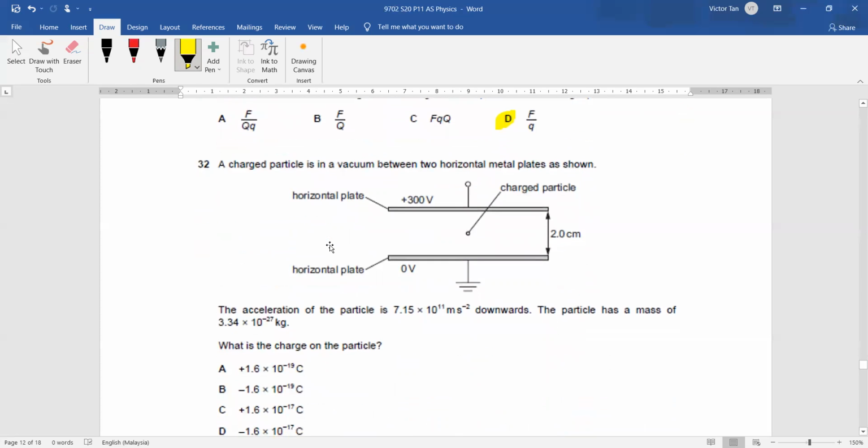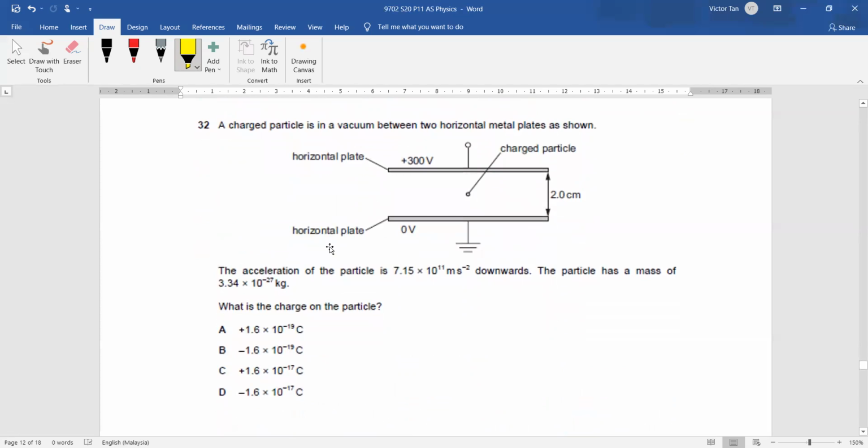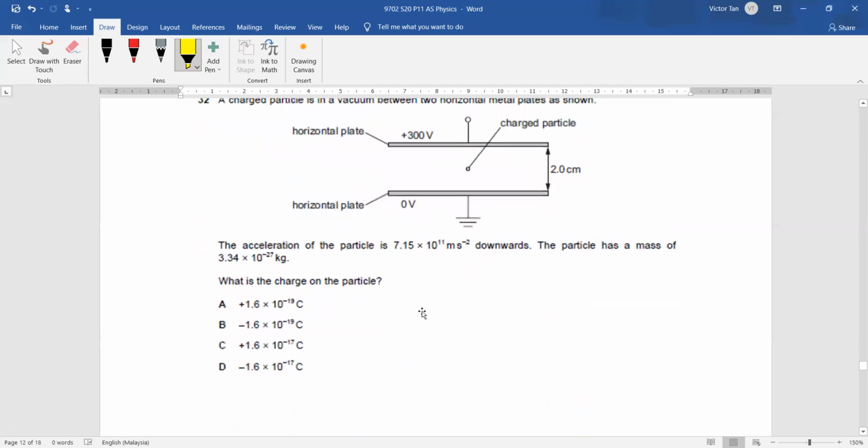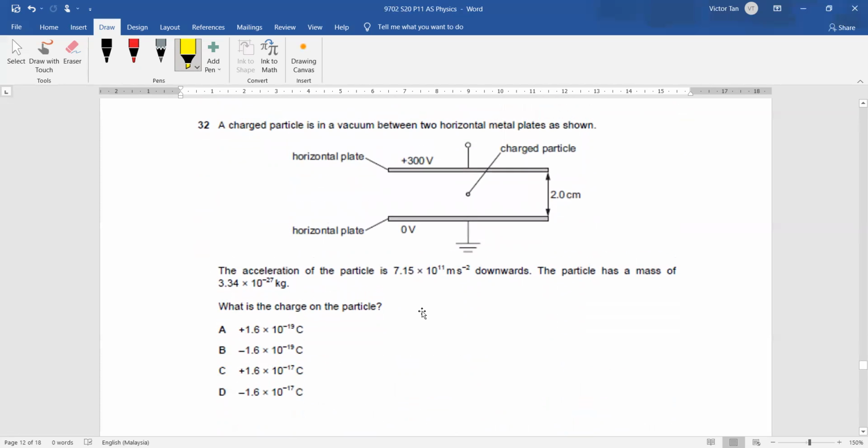A charged particle in a vacuum is between two horizontal metal plates as shown. The acceleration of the particle is 7.15 times 10 to the power 11 meters per second squared downwards. The particle has a mass of 3.34 times 10 negative 27. What is the charge on the particle? So F equals ma.